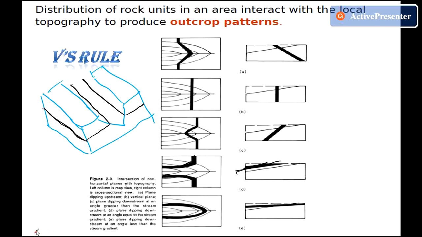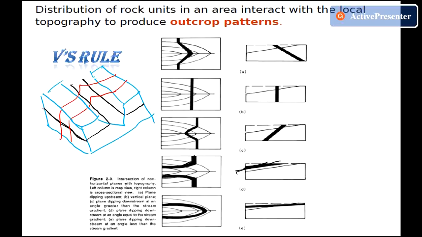But how will the contours appear? The contours will point upstream. This is the 100-meter contour, it will appear like this. The 200-meter contour will appear like this, right? But you can see that the bed is cutting the contours.